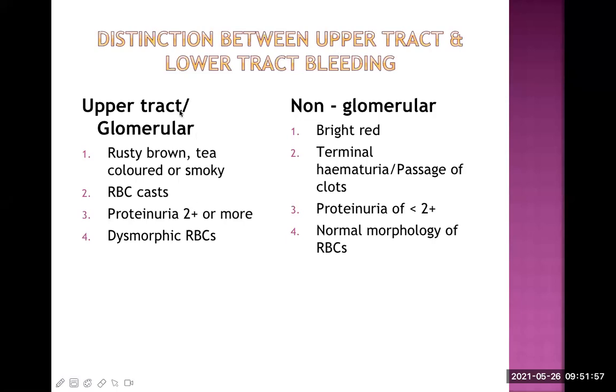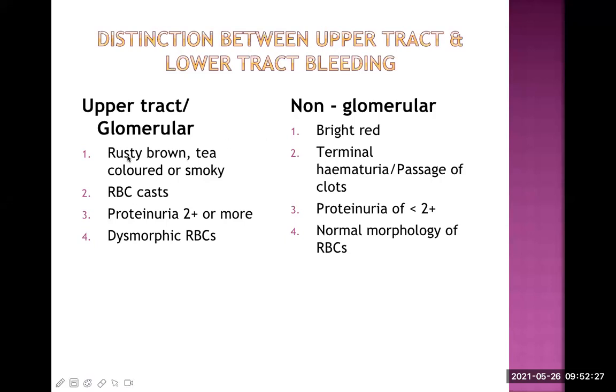Glomerular is called upper tract in this case, whereas lower tract is ureter, urinary bladder, and the urethra. But if somebody asks you the general question, what is the upper urinary tract, you can include the ureter in the upper urinary tract. This is an anatomical division actually, but this is a clinical type of discussion. So if you don't want to say upper tract, you simply say glomerular bleeding and non-glomerular bleeding. That is a better description.